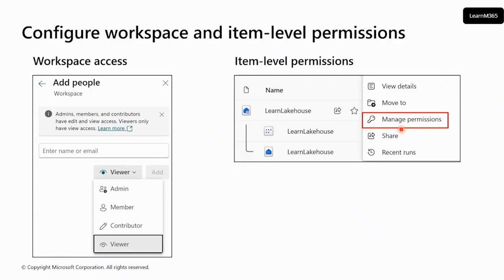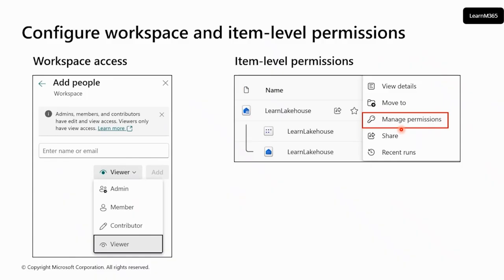And the item permission on the lakehouse can be configured so that the engineer will only be able to see the lakehouse metadata and the data which is there and nothing else in the workspace. So in those cases, we choose to go with the item level permissions.